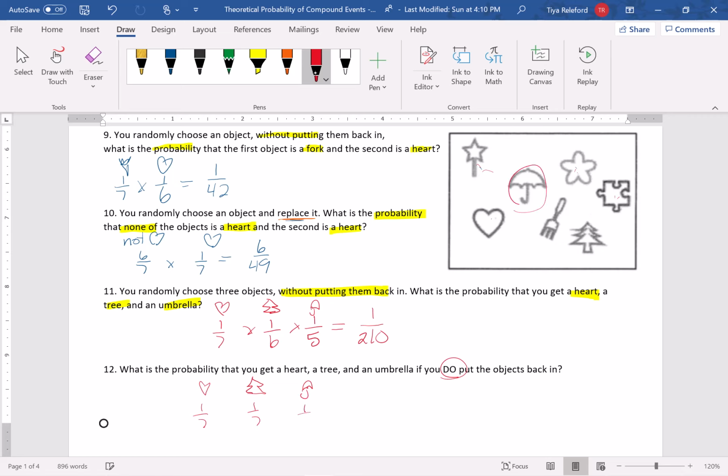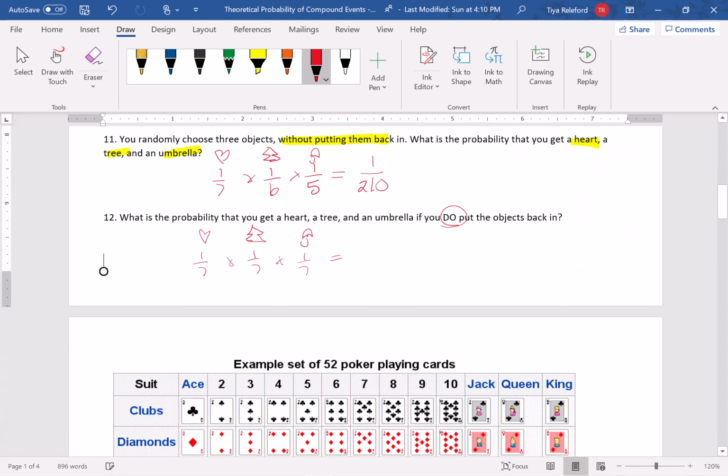That's also 1 out of 7. So let's see. 7 times 7 is 49, times 7. Something like that. 343. 1 times 1 times 1.